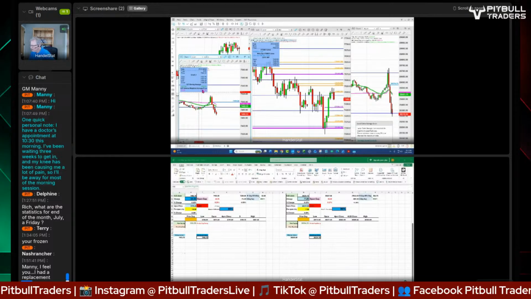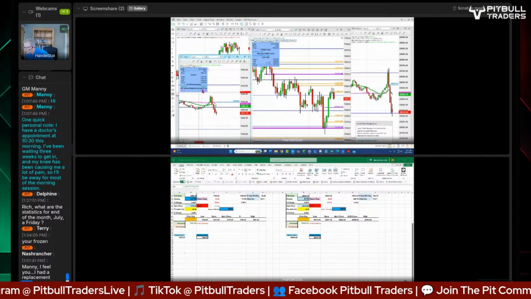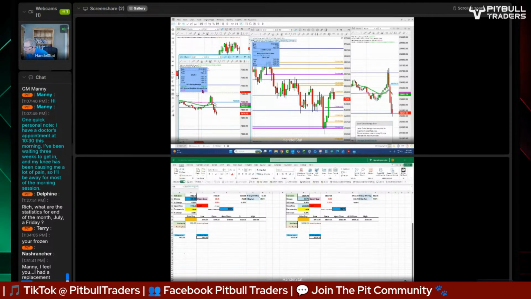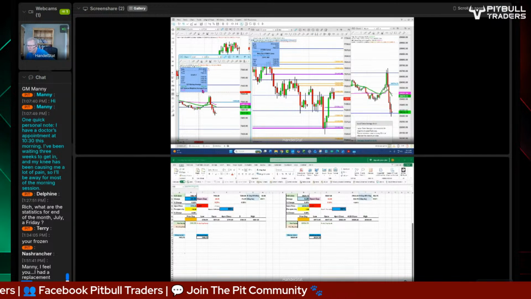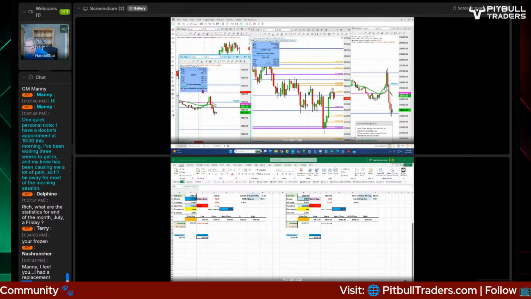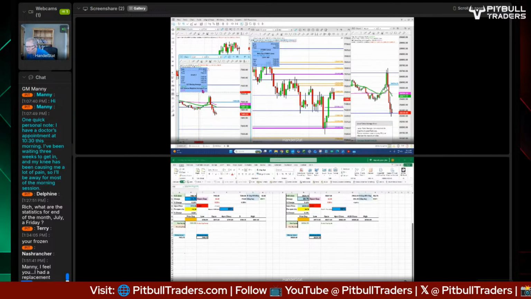Let's see. It is looking like it's going to go. That's a 90. What is it? Buy to open. One low. And this at 40.